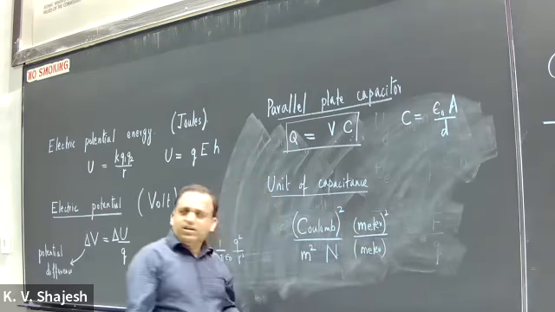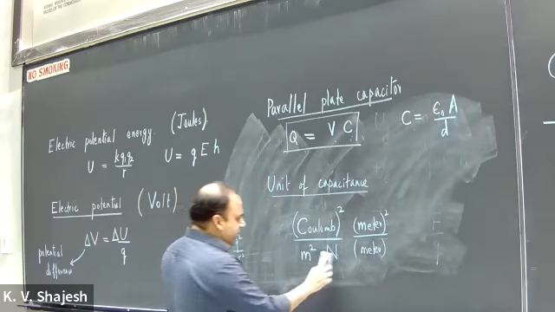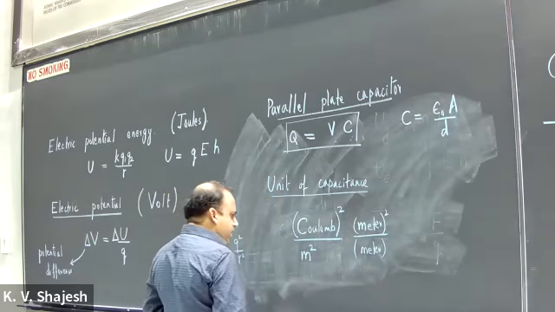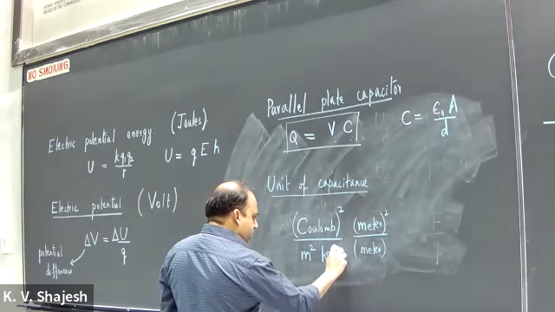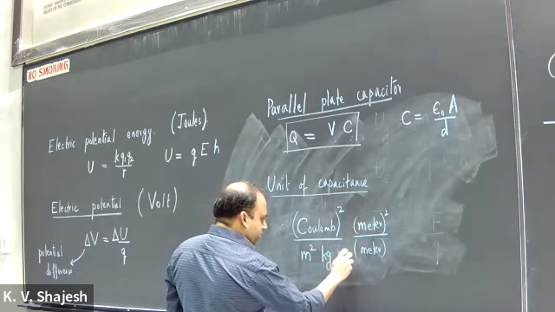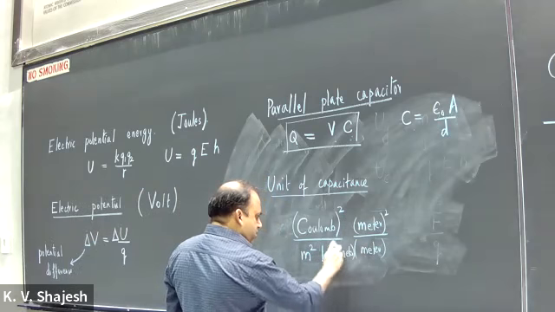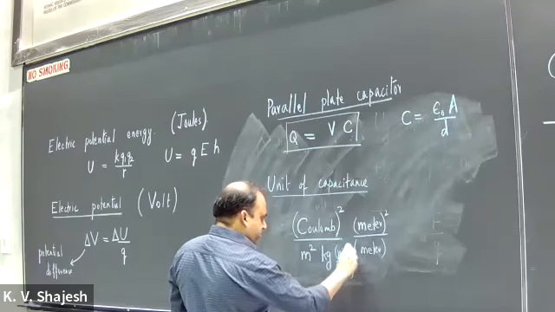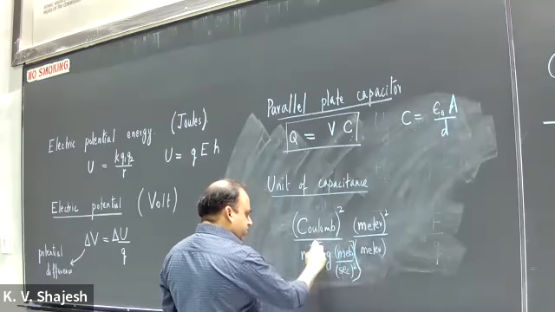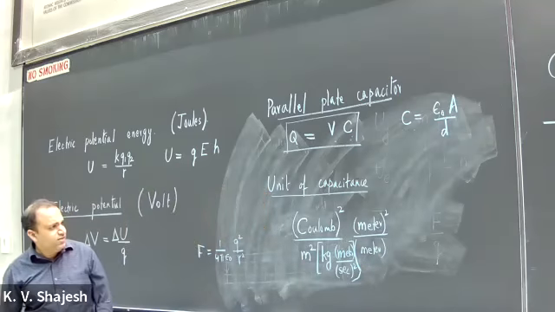Let me replace everything associated with a newton. A newton is kg times meter per second squared.